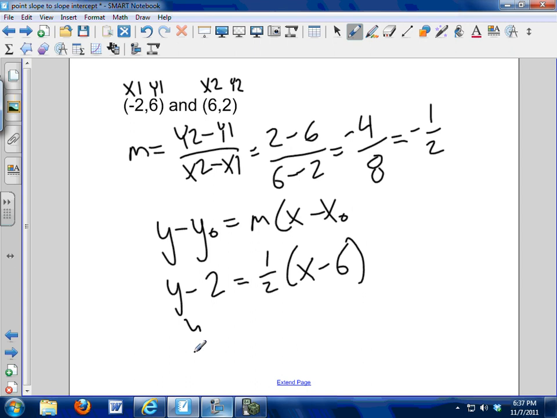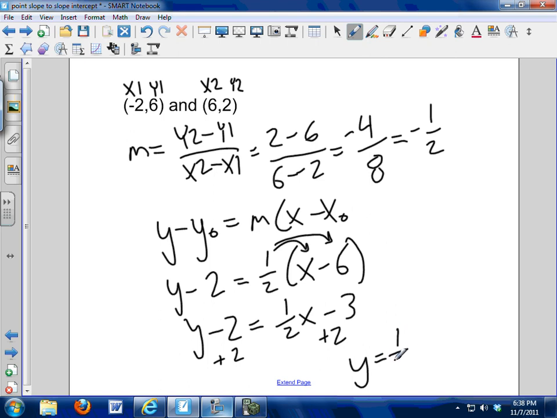Distribute: y minus 2 equals negative 1/2 x, and then plus half of 6, which is 3. Then we add 2, and we're left with the equation y equals negative 1/2 x plus 1. See how easy that is? We get ourselves a point-slope equation, fill it in, do a couple of things, bing, bang, boom, done.